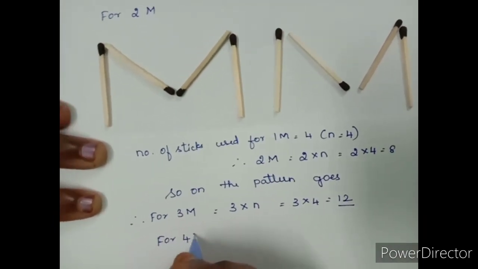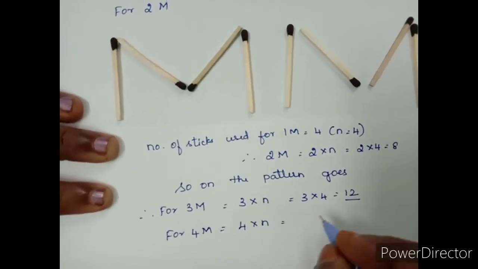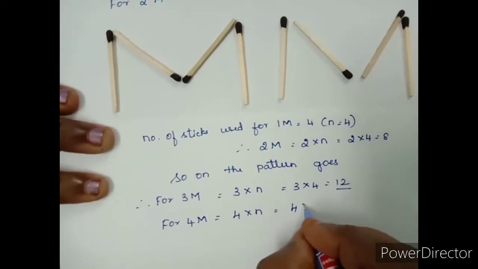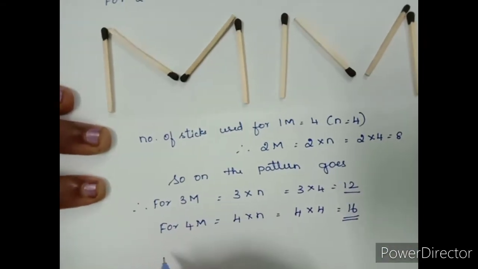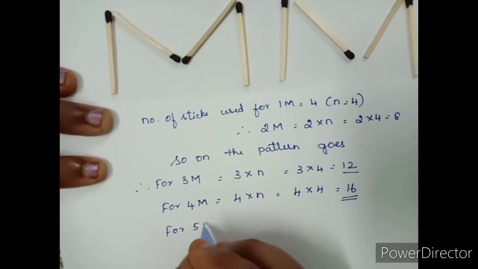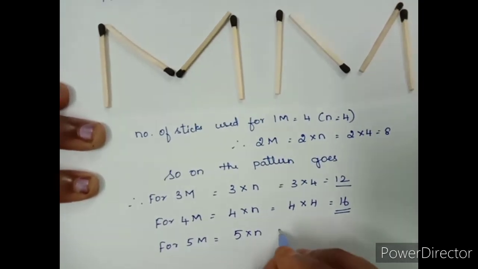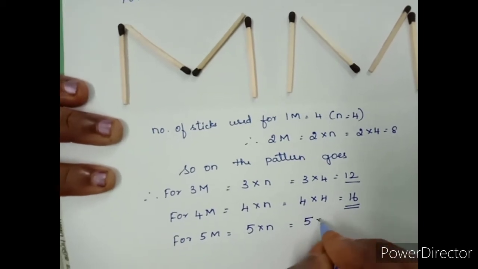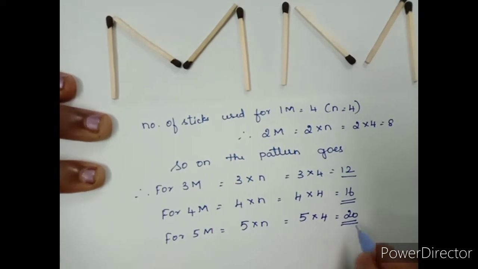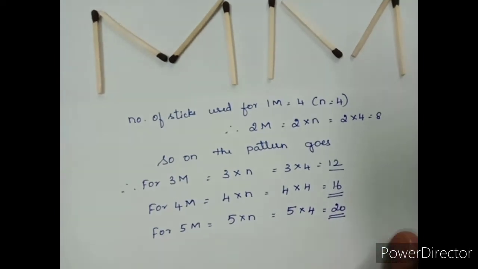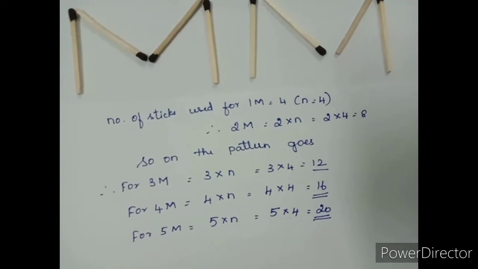For 4 M, 4 into n, that is 4 times 4. So 16 sticks we will be using. For 5 M, 5 into n, that is 5 times 4. It is 20. So on it will be moving for the pattern. Okay, we'll go for the next topic.